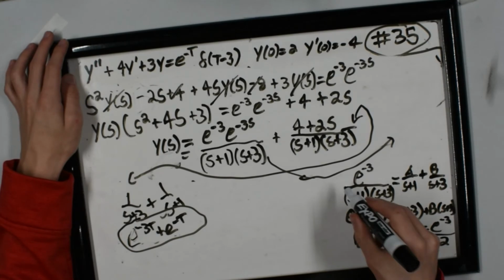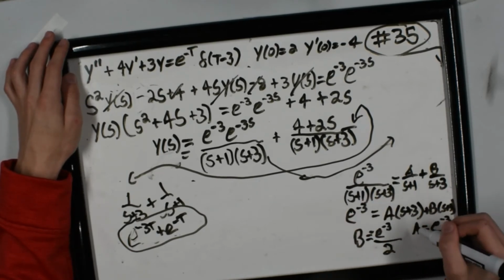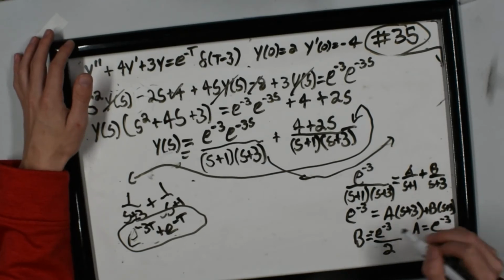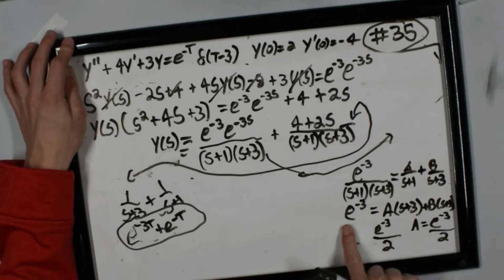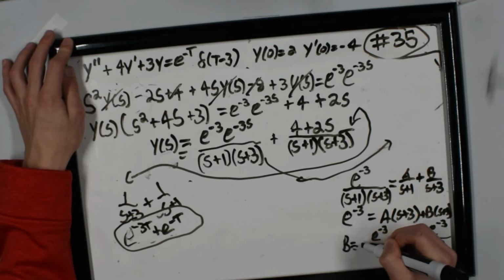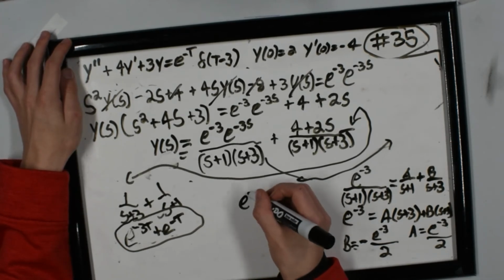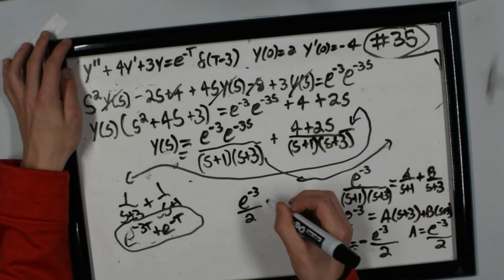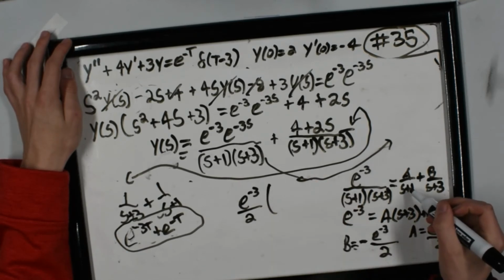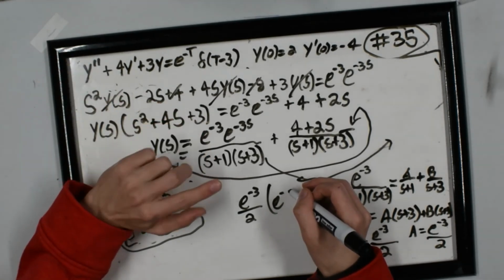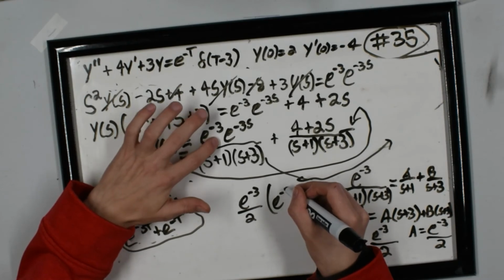I'll do that over here. The inverse partial fraction. e to the negative 3 over 2 is just a constant. And since they're both the same with the exception, I'll write this one a little clearer, that this is a negative. So we can factor out an e to the negative 3 over 2. And then this is going to be e to the negative t. But remember, since this is a step function, we need to include that delay.